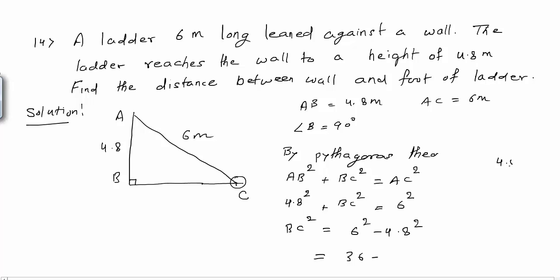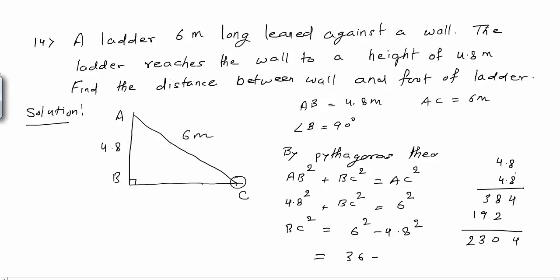So 4.8 times 4.8: 8 8s are 64, 6, 8 4s are 32, 32 plus 6 is 38, 4 8s are 32, 4 4s are 16, 16 plus 3 is 19, and so on.